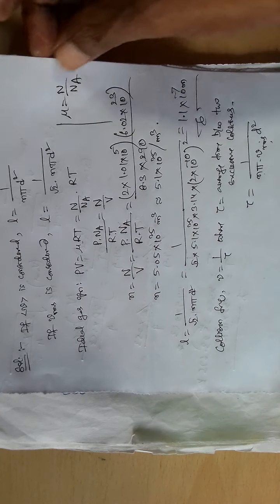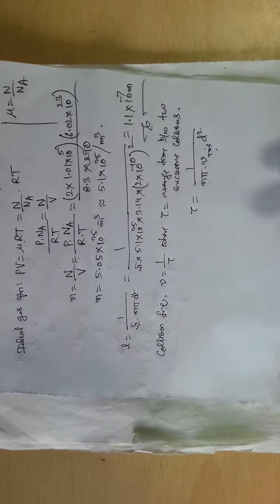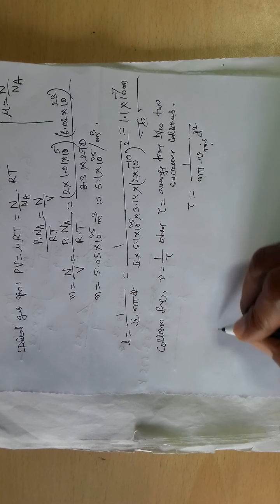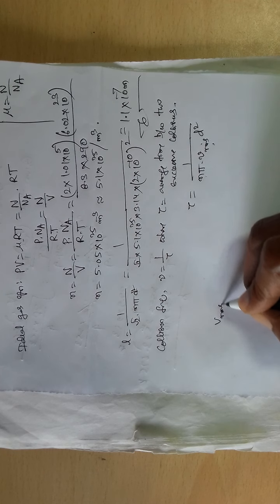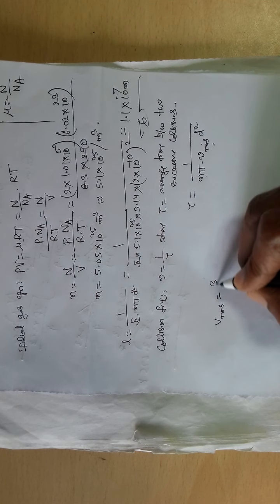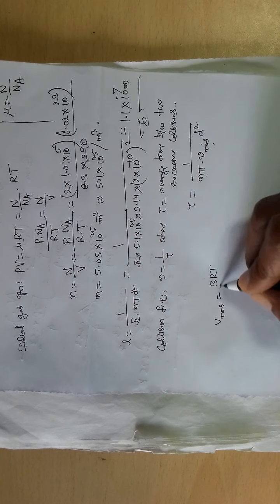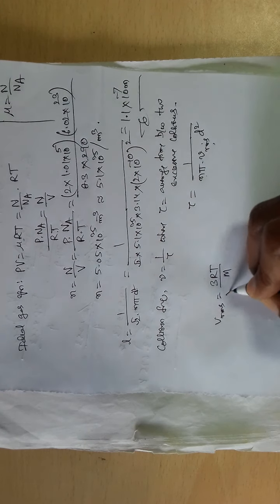And what is the expression to find Vrms? Vrms is given by 3RT by M under root.